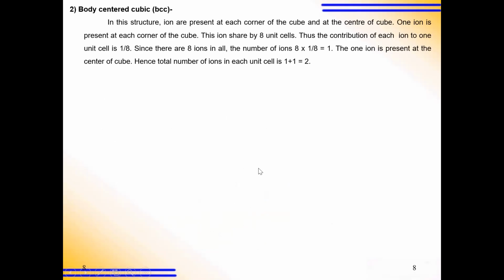The second type is the body centered cubic, which is called BCC. So in the structure of this BCC, see, this is also a cubic structure with 8 ions present at the 8 corners and one ion wholly present at the center. So in this structure, ions are present at each corner of the cube and at the center of the cube also.